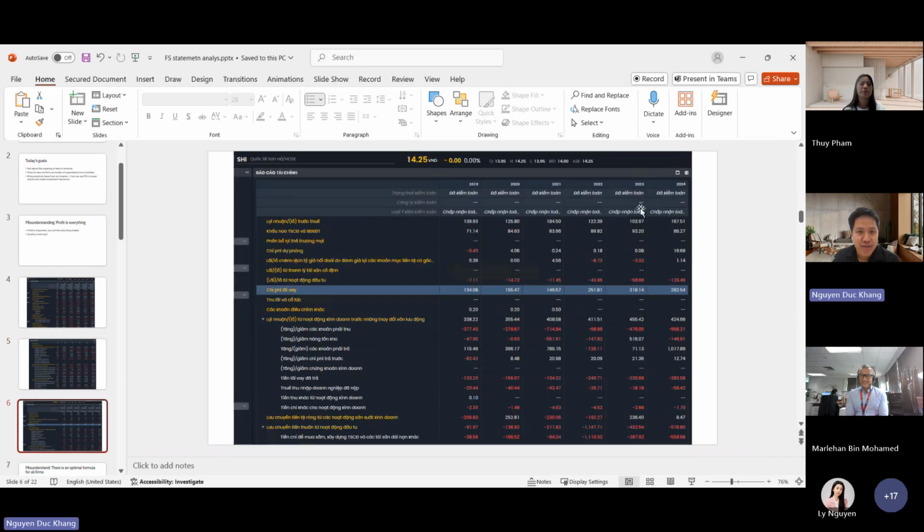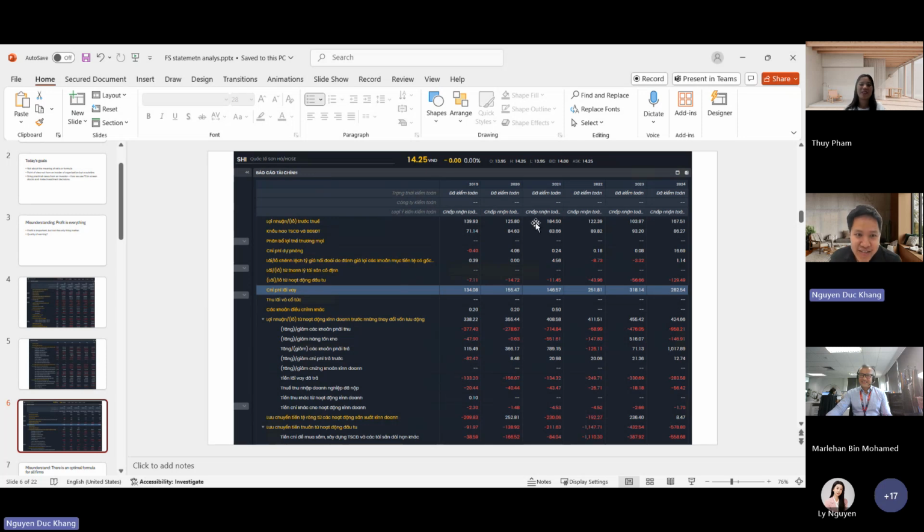Another case is SHI Sunha Group. This one may not be familiar to Malahan, but for us, I think we are all familiar. They produce water tanks, the water tank on the top of our ceiling.